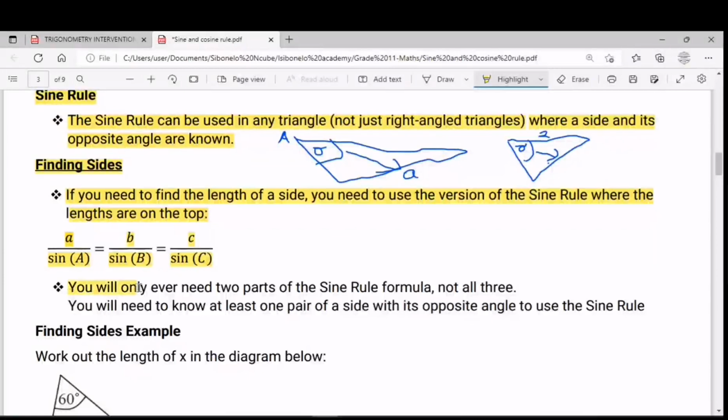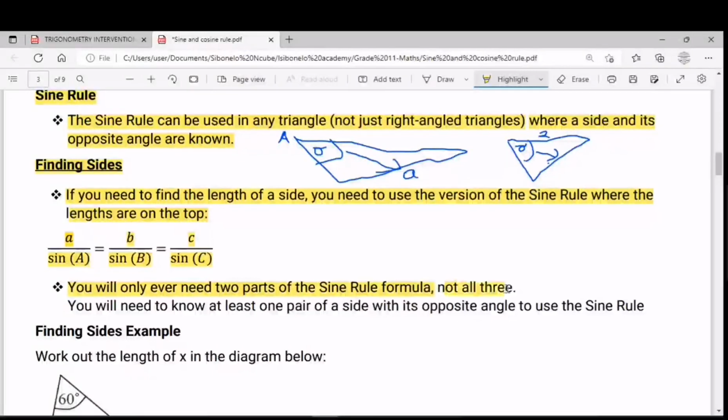So you will only ever need two parts of the sine rule formula. I'm going to split the formula into 3 parts. This is the first part, the second part, and the third part. You won't use all 3 parts. You only need to use 2 parts here. As long as you can substitute 2 parts, whatever unknown you have, you will be able to solve it.